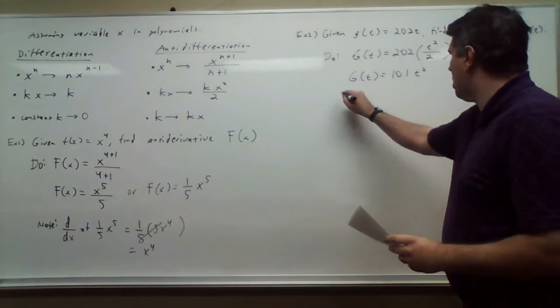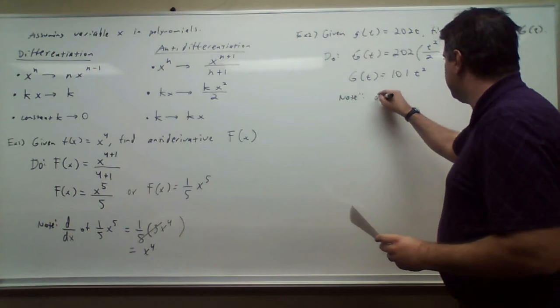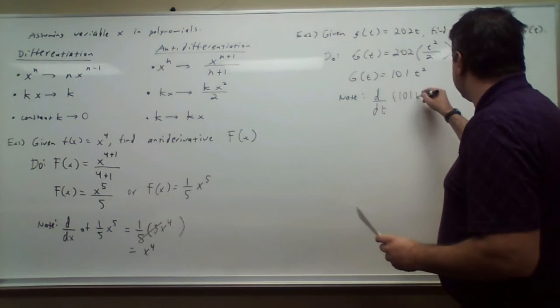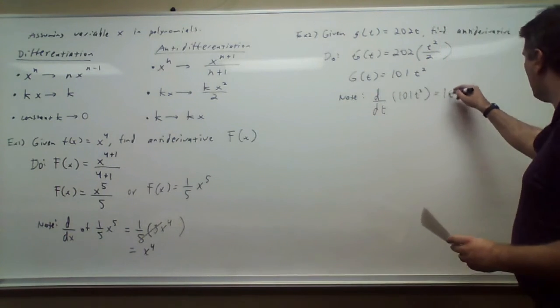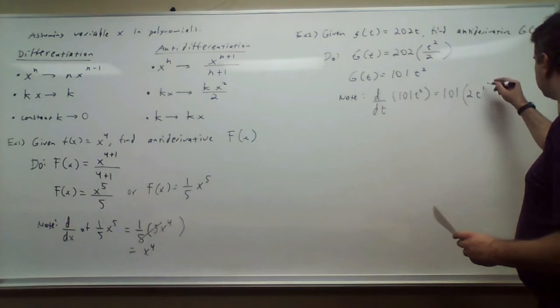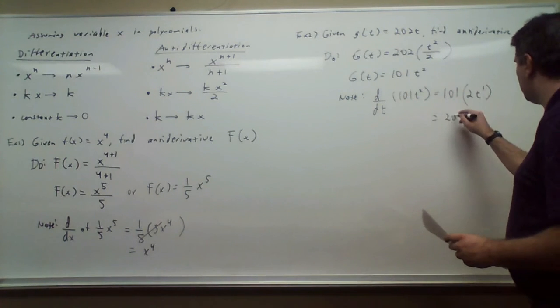Okay? Note, d dt of 101t squared would be 101 times 2 t to the first, 202t.